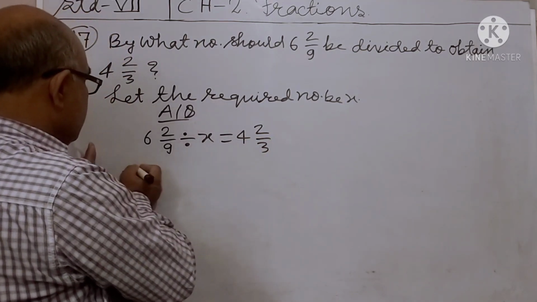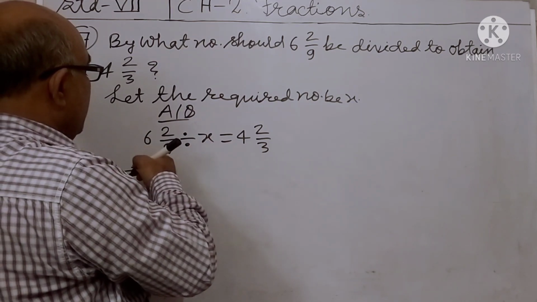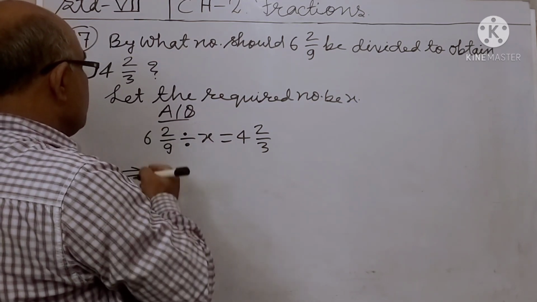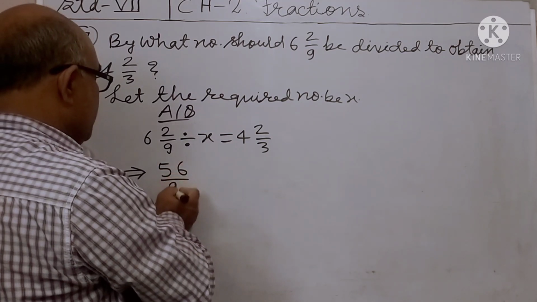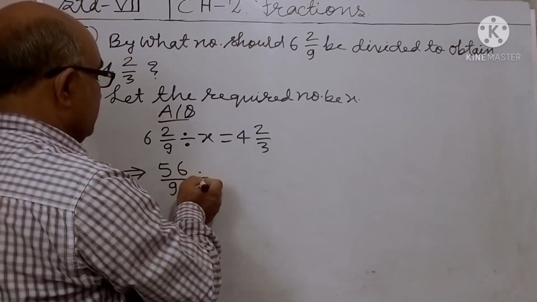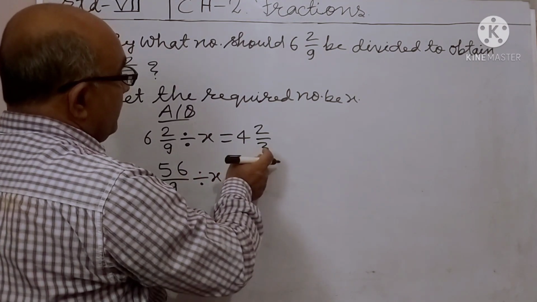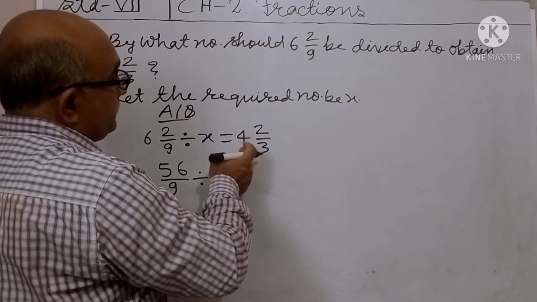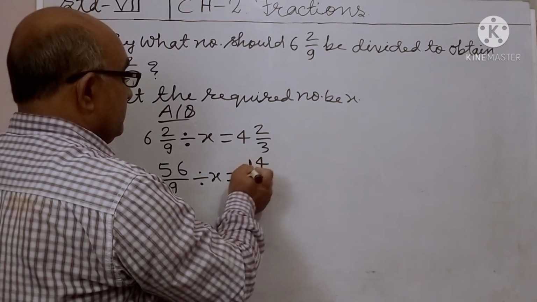That implies 6 times 9 is 54 plus 2, 56 by 9, divided by x equal to 4 times 3 is 12 plus 2, 14 by 3.